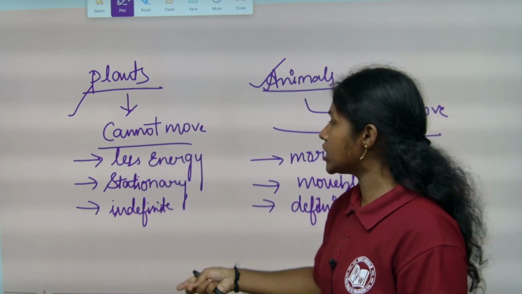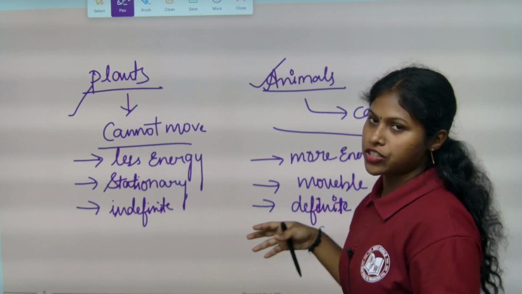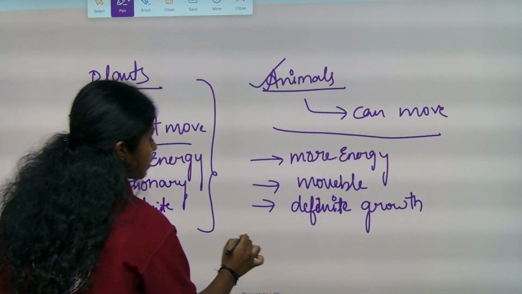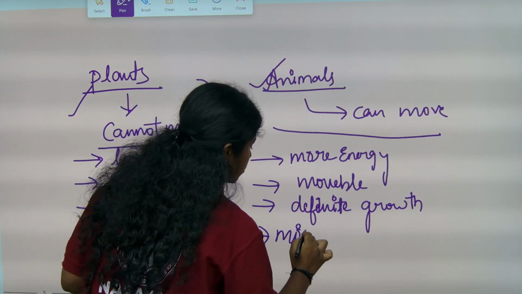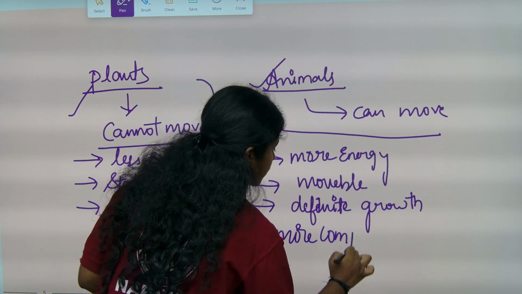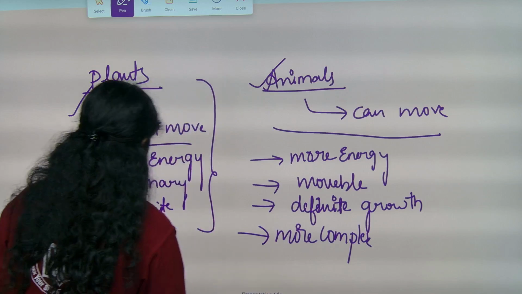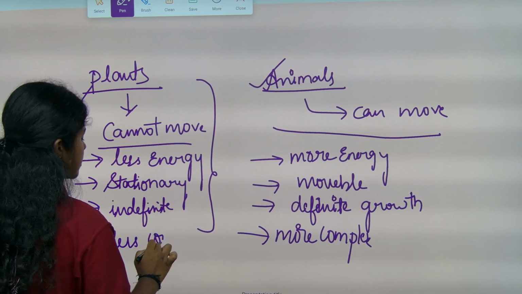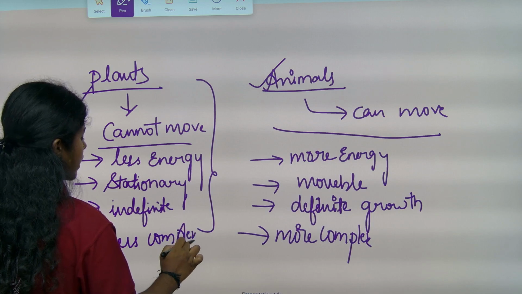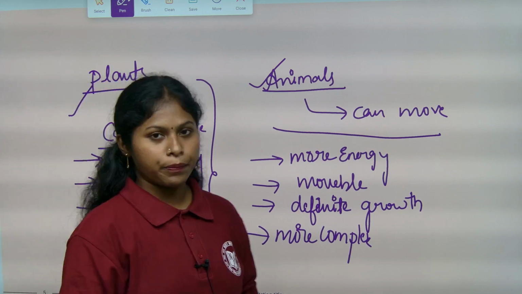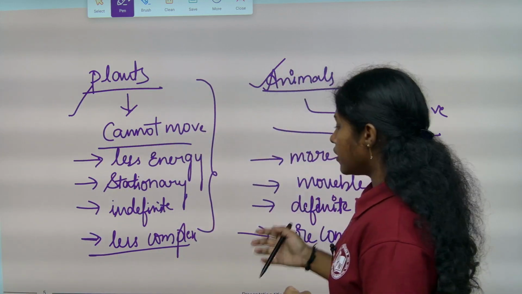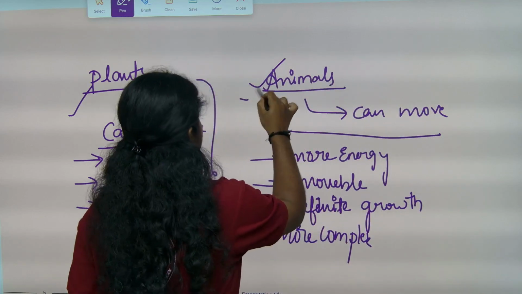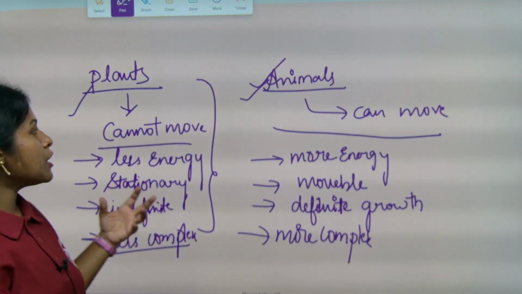Plants need less energy, and animals need more energy. The structural formation is also more complex. Animals are more complex in makeup compared to plants. Children, in the system of function and all that, animals are more complex than plants.